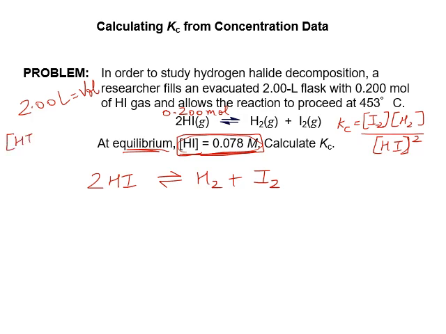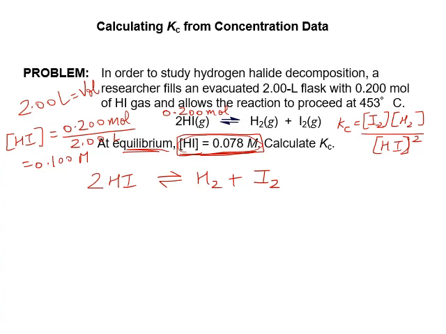So HI concentration will be 0.200 moles divided by 2.00 liters, which gives you a concentration of 0.100 molar. So I have my concentration of 0.100 HI initially.